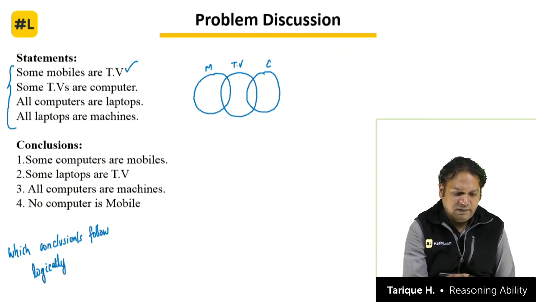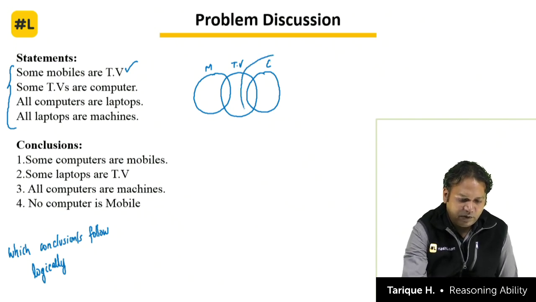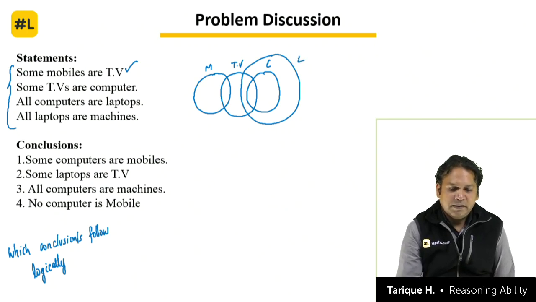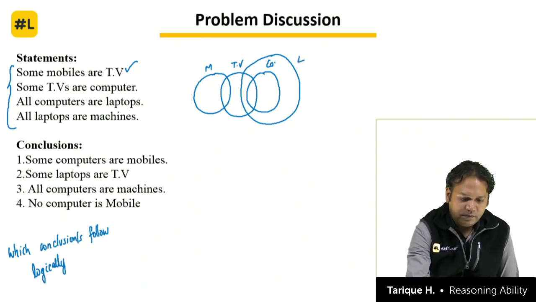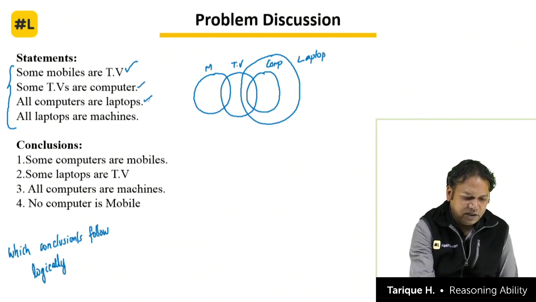So some mobiles are TV, some TVs are computers, all computers are laptops. So computers will be inside laptops. So this is computer and this is laptop, clear? And then finally, all laptops are machines. So the first, second and third statements we have done.